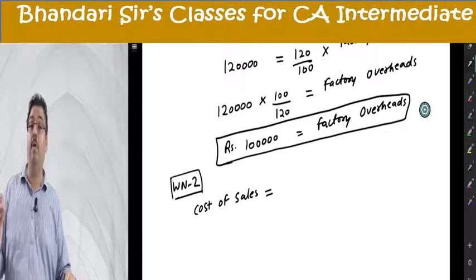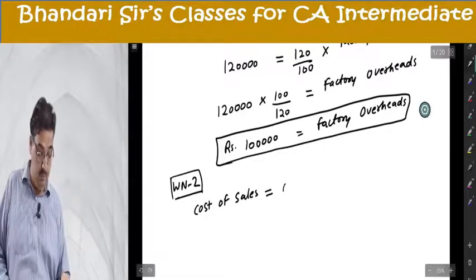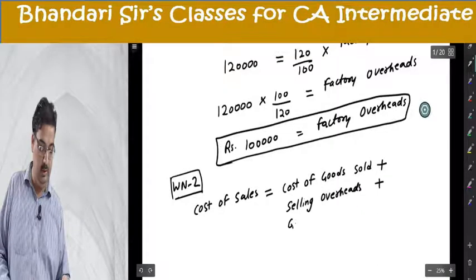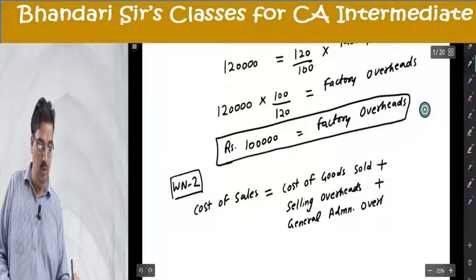You need to remember what you have done earlier. Cost of goods sold plus selling overheads plus general administration overheads.